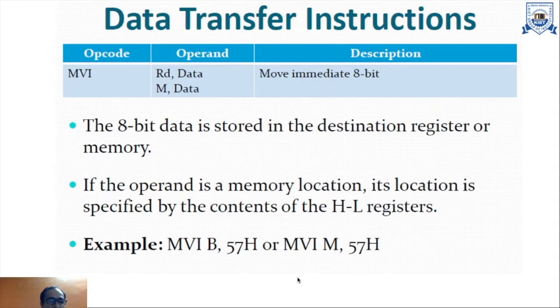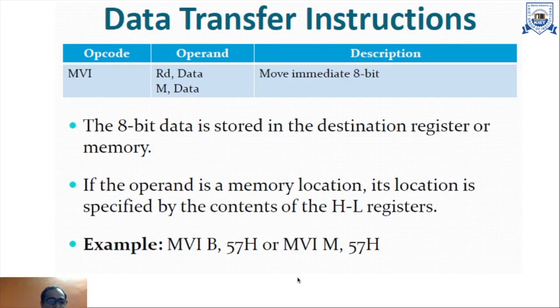Now the next instruction is MVI. MVI operands are Rd, data and M, data. So Rd means the destination register and data means the 8-bit immediate data. So whatever the 8-bit data is, that will be directly copied into the register.